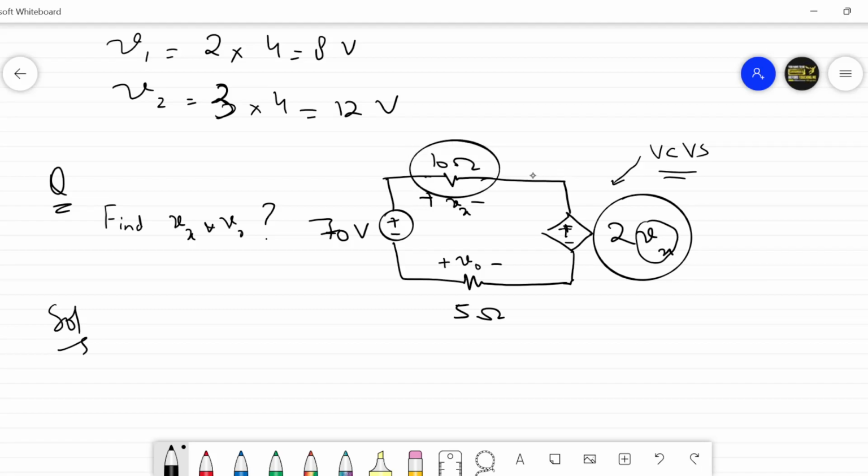Okay, so let current I flow through this circuit.